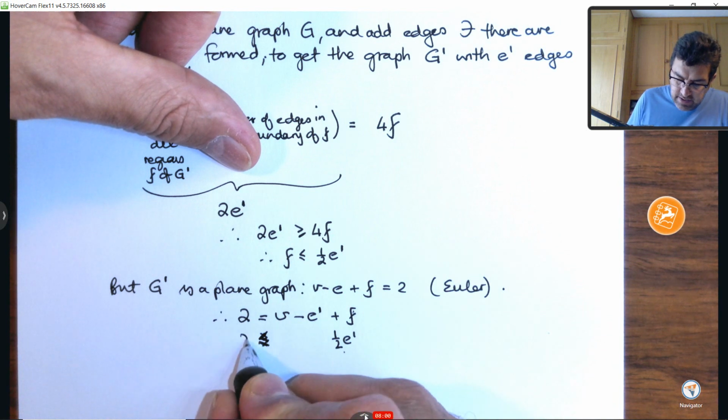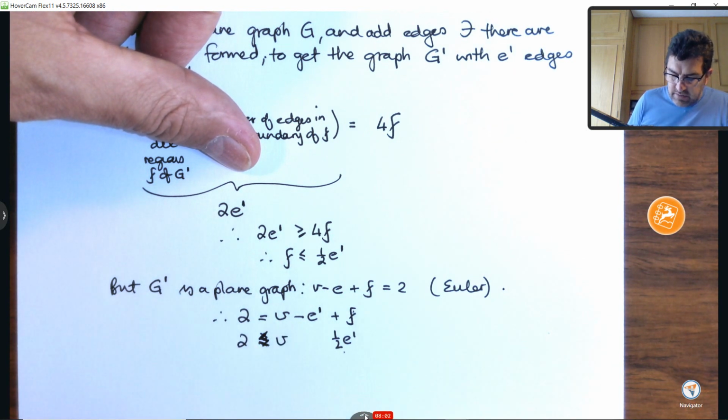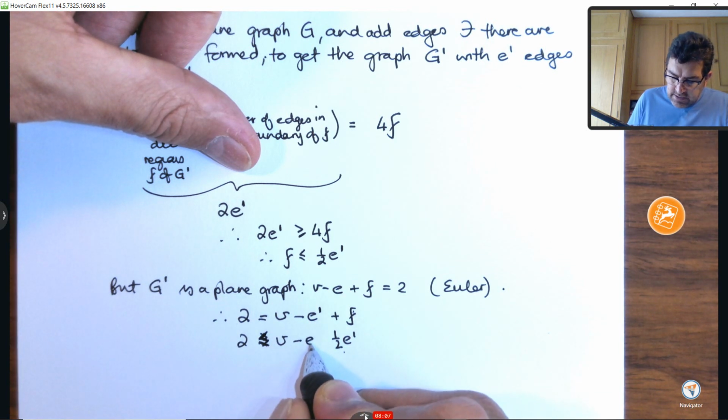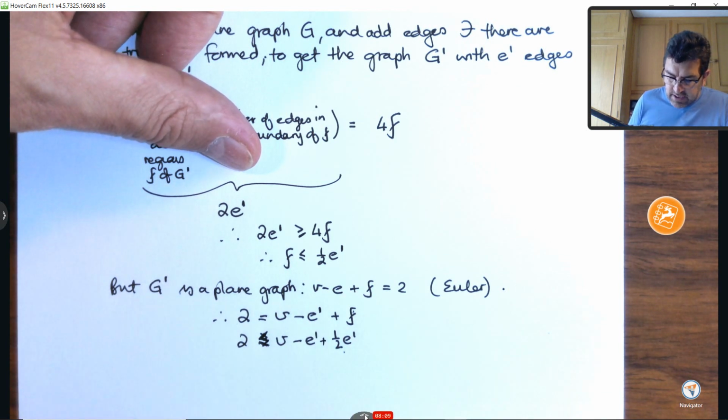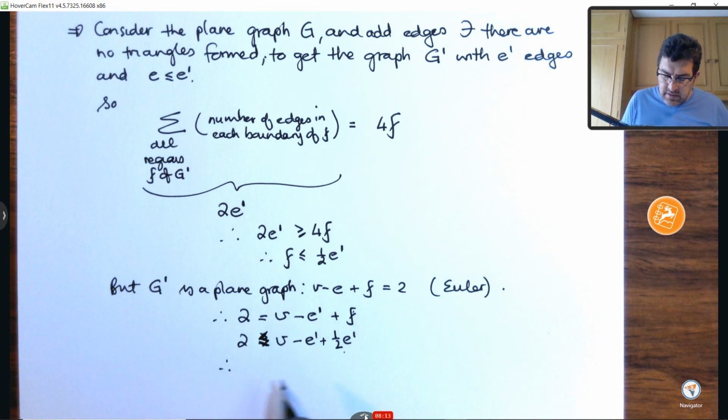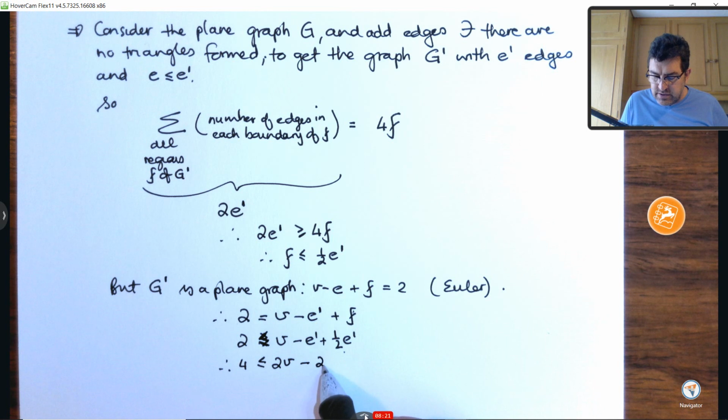I still have 2. I still have the initial number of vertices, and this is still the case. So let us see if I get rid of that fraction. I get 4 is smaller than or equal to twice the number of vertices minus 2E prime plus E prime.